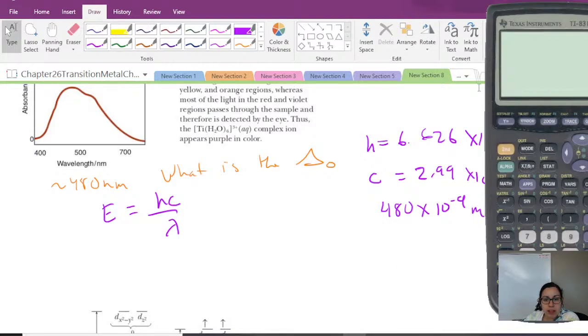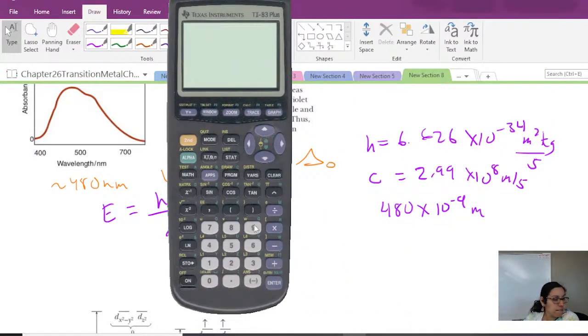And so then we can plug that in, times my speed of light.